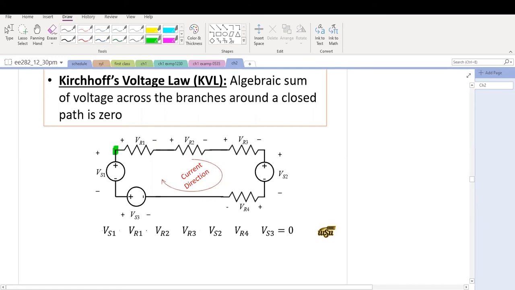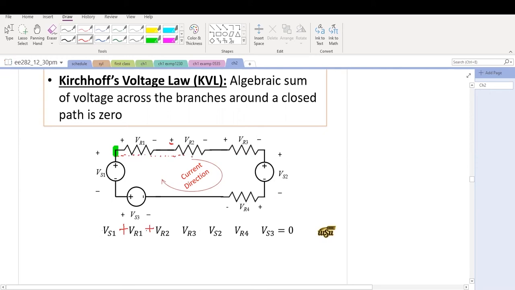So let's look at another example. I'll start at this point here. You can start at any point, no problem. First of all, when I walk here, I encounter VR1. I encounter the positive sign first, so I have a plus sign here. And then I keep going. Plus sign here, VR2 plus.